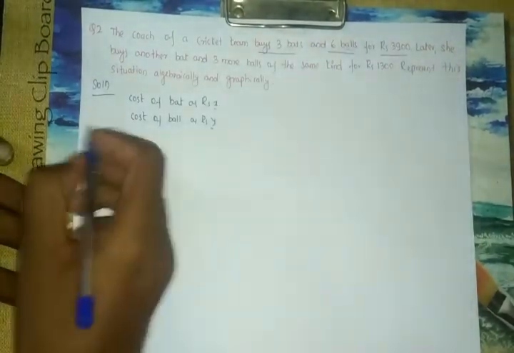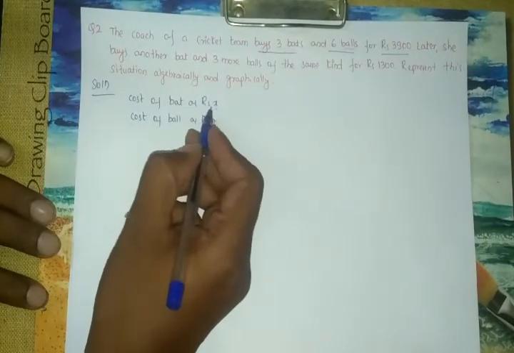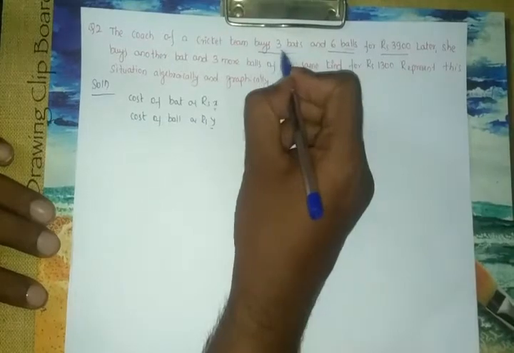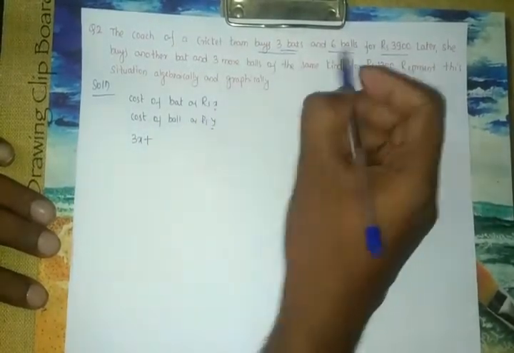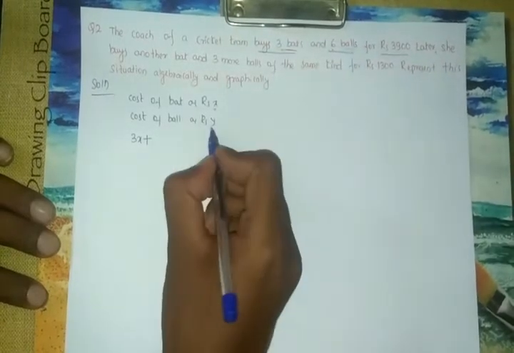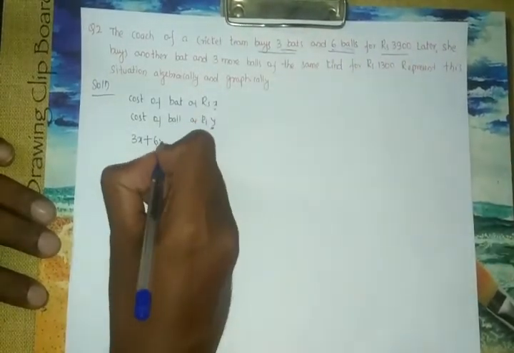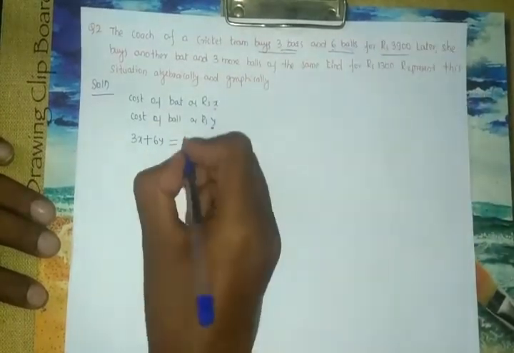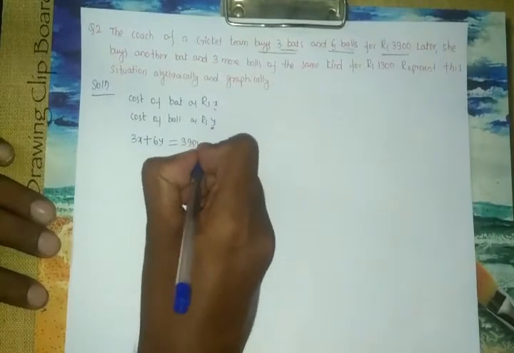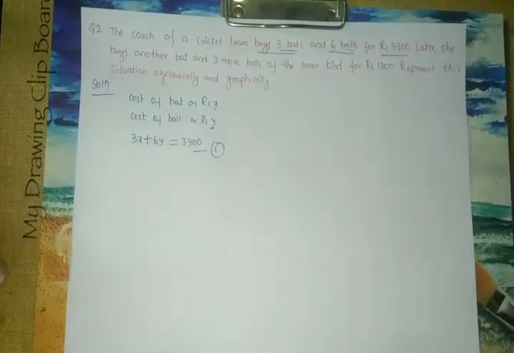It can be represented algebraically as: cost of one bat is X, so 3 bats means 3X, plus 6 balls, cost of one ball is Y, so 6 balls means 6Y, together it is 3900. So this is equation number 1.